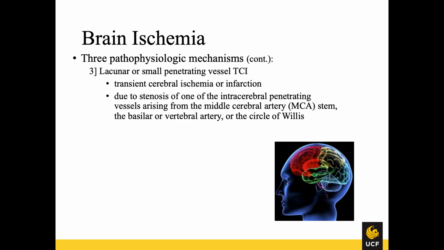And those are all terms you've already heard me say when I described to you basically the gross circulation of blood in the CNS. So this is where you're going to see more of your transient events, but infarction can also occur as a result of these lacunar, or lacunar, depending on how I want to say it, small penetrating vessel events.